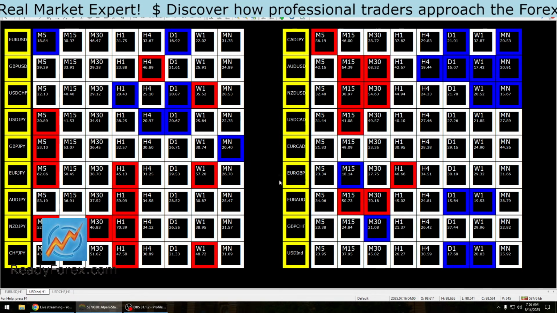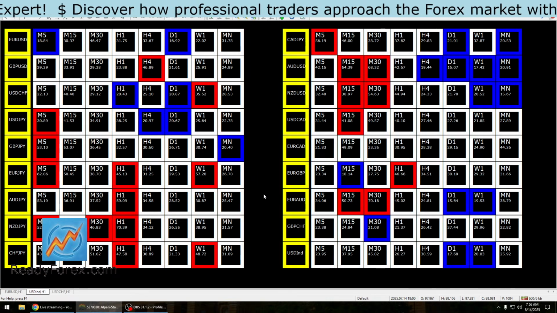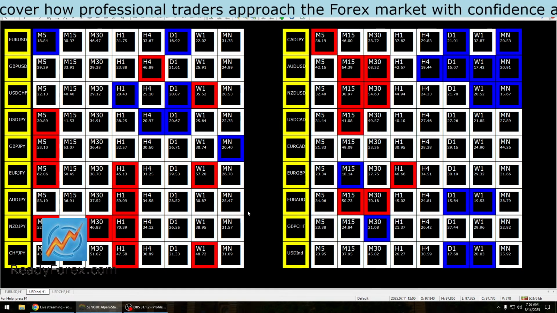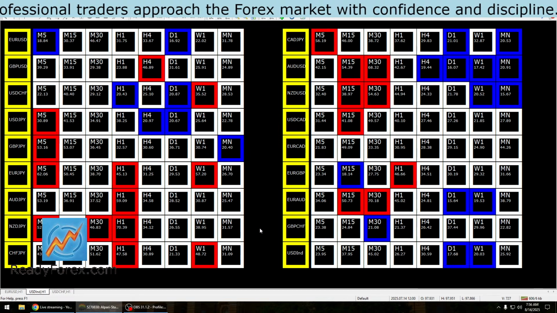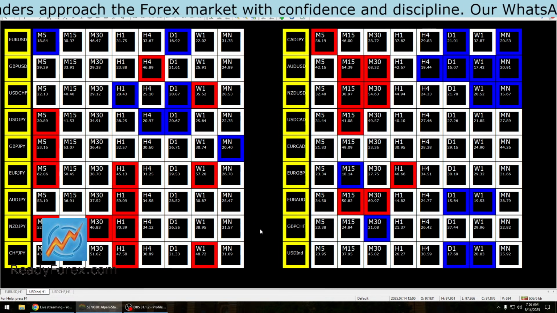Let me refresh this one as well. This is my very own, my personal design radar screen indicator, which I created and designed. I even did the coding part as well.